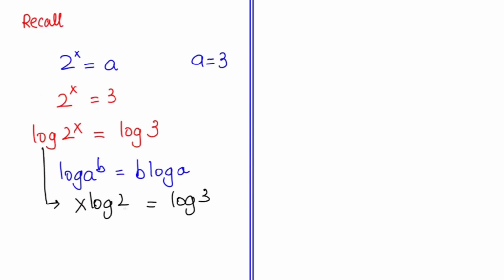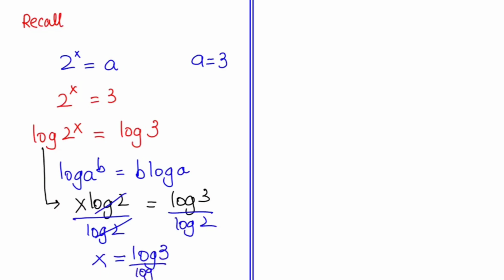Now here this log of 2 is multiplying, so we divide both sides. This and this get cancelled. Therefore, x equals log of 3 over log of 2.